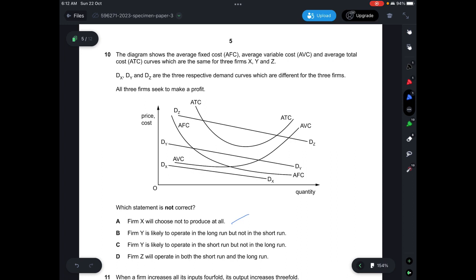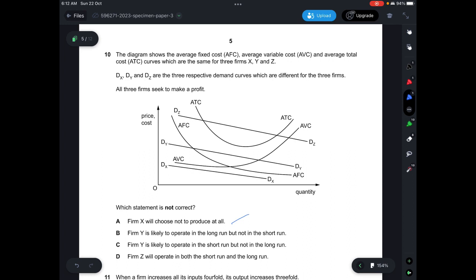And B, it says firm Y is likely to operate in the long run, but not in the short run. If you look at the demand curve for Y, if they were to produce a small quantity, which is normally what will happen in the short run, they would be at a point where their average fixed cost would be much higher.